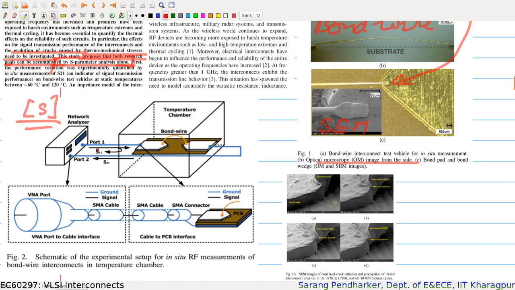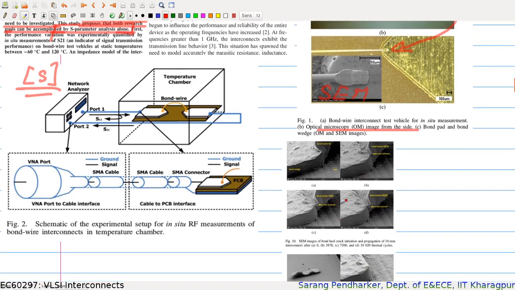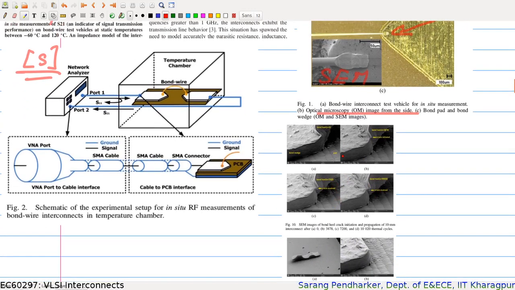Basically, this measures the reflection and transmission of a network or a circuit, and it also measures the magnitude and phase. That's why the term vector comes in. There are many interesting figures in this paper.